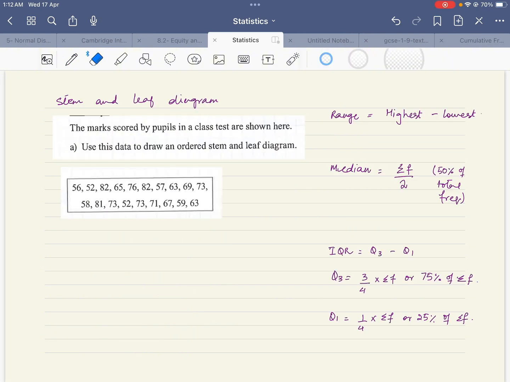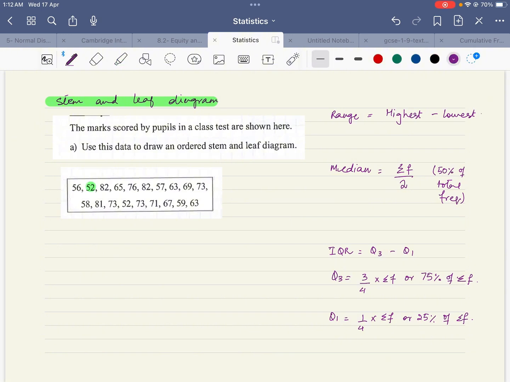Next method is not a diagrammatical representation, but it does organize the data in a certain way. That is called a stem and leaf diagram. First, we have to find out the lowest score from this. Which one is the lowest score? This is 52.